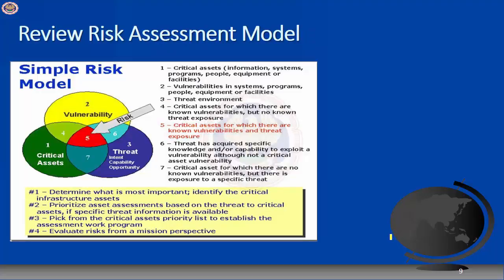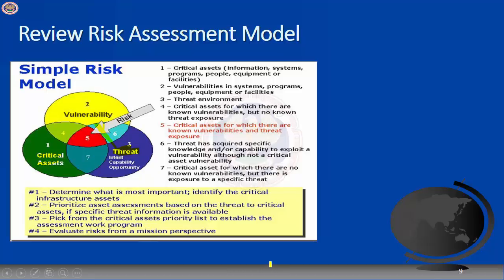Now let's look at a very simple model for a risk. If you look at risk, we are looking at the assets which are used in the organization. You look at the different types of vulnerability, you look at the different types of threats. The interface between the threats, the vulnerabilities, and the assets gives rise to risks.